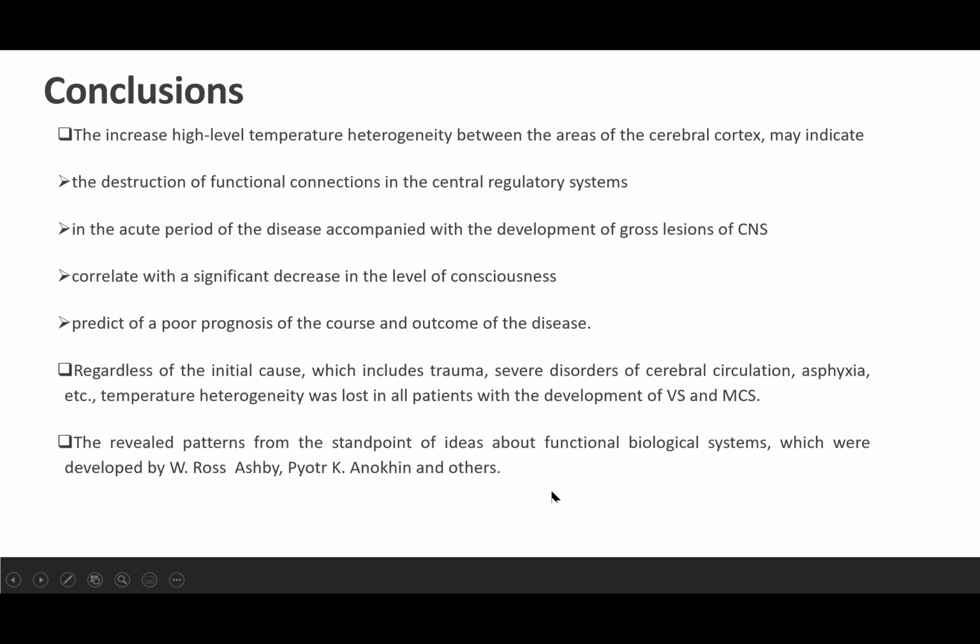And the revealed pattern, from the standpoint of ideas about long-term functional systems, was developed by W. Ross Ashby here in the UK, Piotr Anokhin and others across the world. These theories were developed quite a while ago, but it was good we found confirmation of this theoretical work using our experiments with brain temperature measurements.